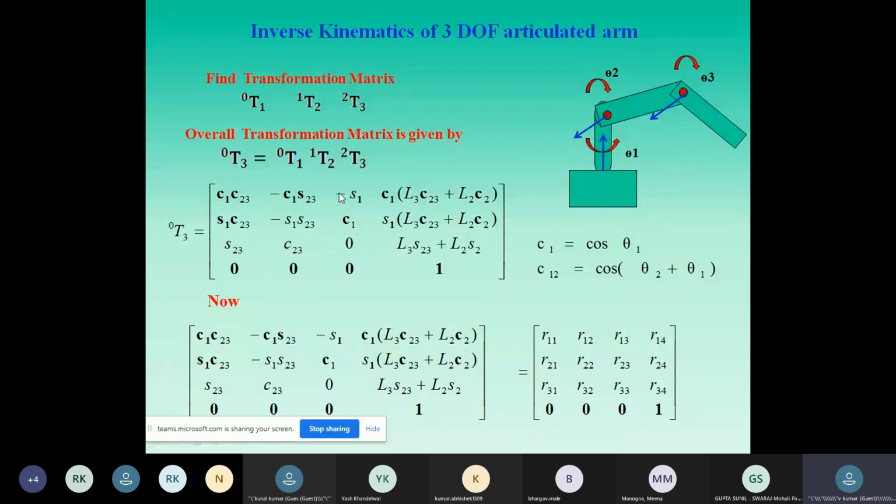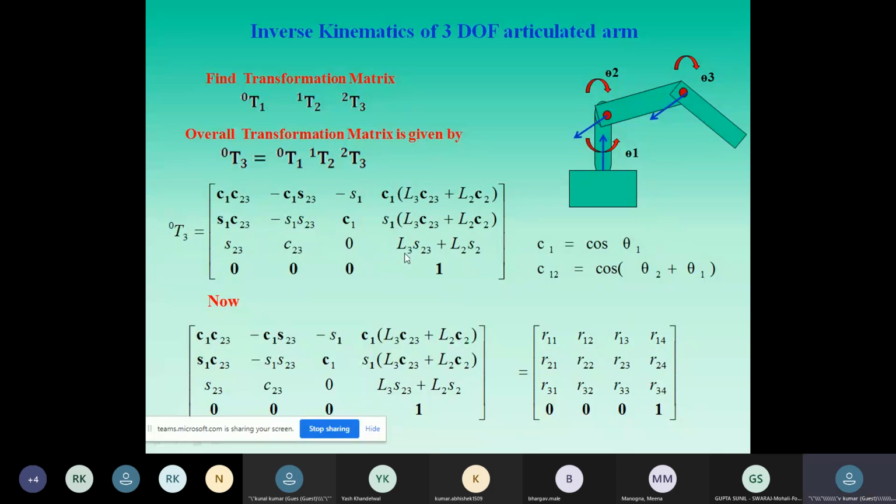The first 3 by 3 matrix gives the rotation part, and the last column gives the x, y, and z coordinates. The matrix from forward kinematics and the given end effector position should be equal. Then we find the solution for theta 1, theta 2, theta 3.